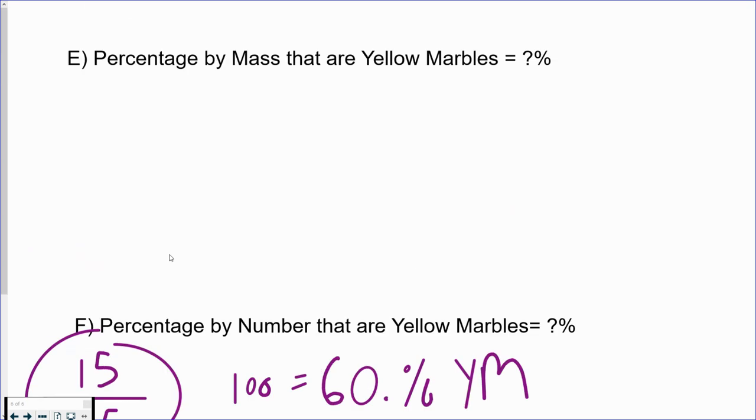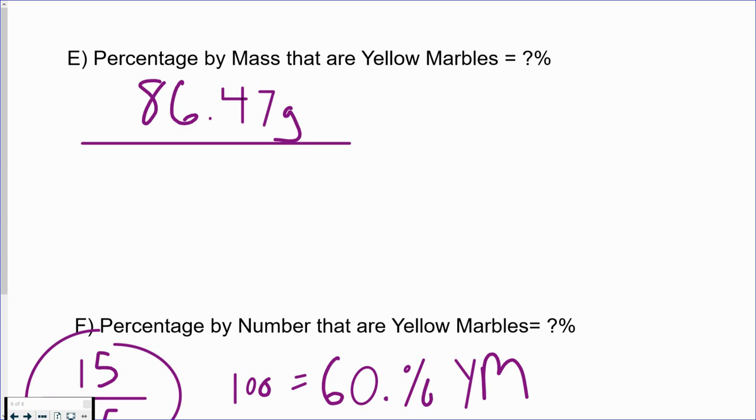The last question that we have here is the mass percentage of yellow marbles. So this one, we're going to take the mass of the yellow marbles, which is 86.47 grams, divided by, again, I'm going to have it so we add them.